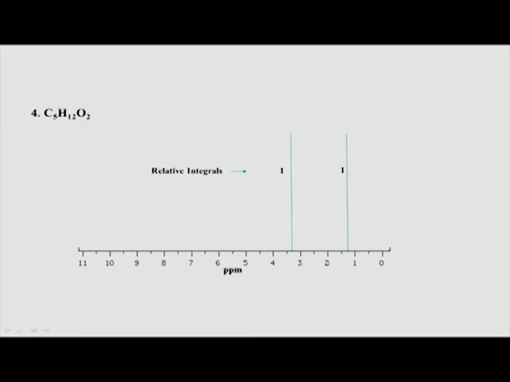But if the carbon of the methyl is attached to an oxygen, then it comes here, and that is called a methoxy. A methoxy group is OCH3, like this. Only if there is a methoxy group can that methyl come downfield shifted, and that is what we are seeing. We are saying this is coming from a methoxy group.